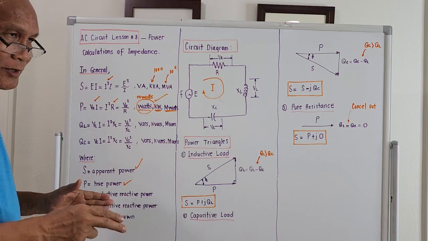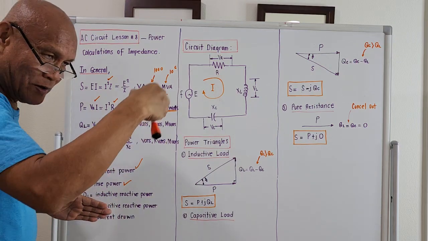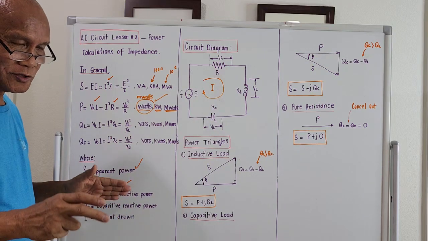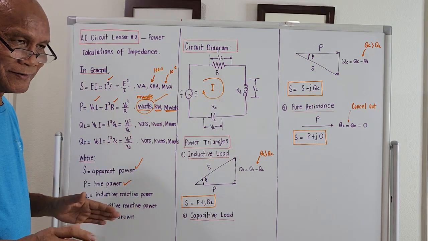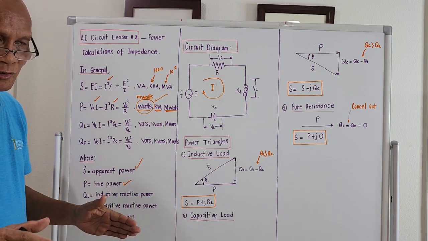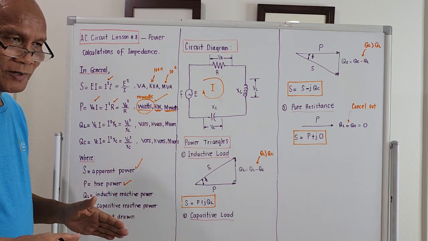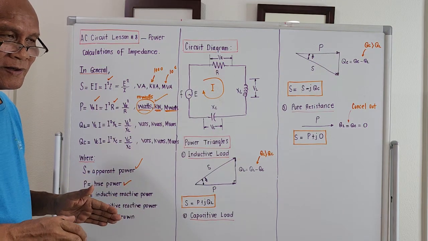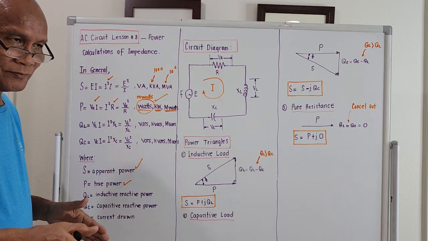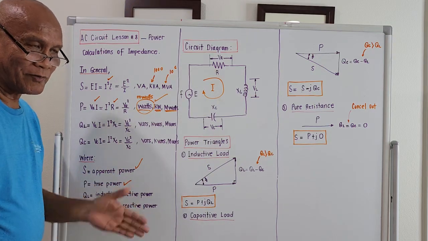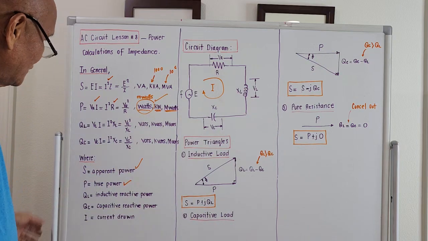That's why my next topic will be the so-called power factor correction. That is where we will minimize the effect of the inductive load and the capacitive load. So what will come out will just be simply a pure resistive load, and we could minimize our power consumption, and so the money we pay to the utility company.